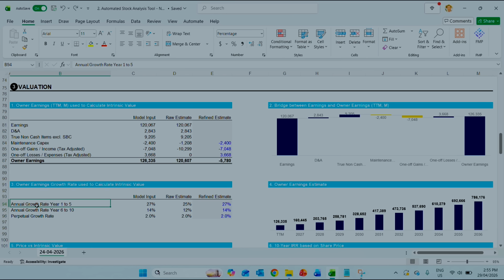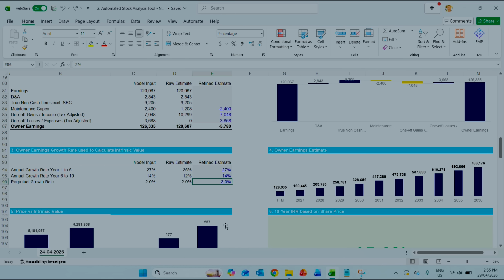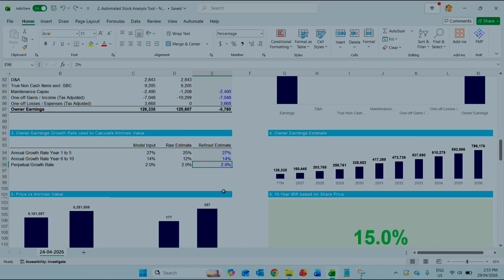Okay, so I've got my estimate here for year 1 to year 5, for year 6 to year 10, and then I like to have a perpetual growth rate of 2%. Here I'm being conservative because I prefer to be conservative than over-optimistic.